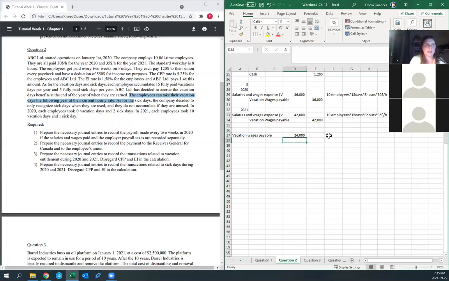This is the bank, what we accrued in 2020. What we paid them is the same calculation, but instead of $30 here, we have $35 per hour, because for 2021, their hourly rate is $35 per hour.